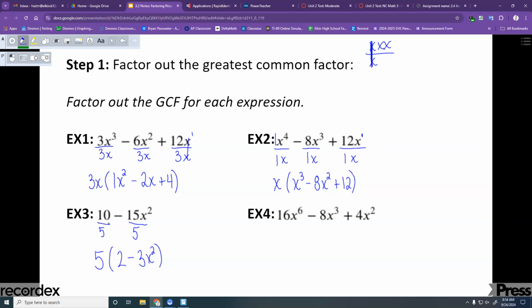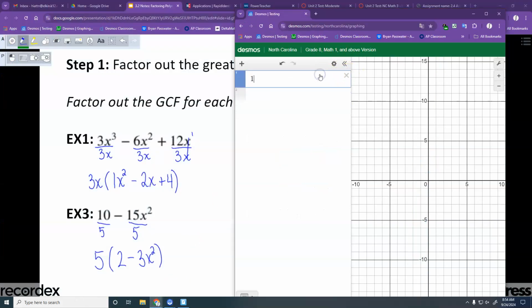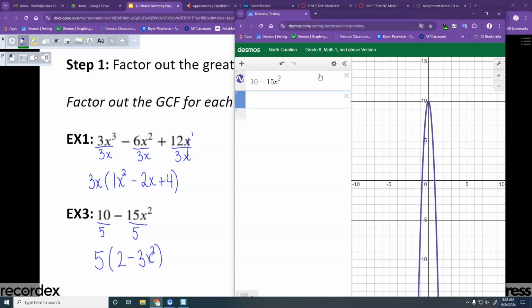Again, I can check this. If I'm not sure if I'm doing it right, go over to Desmos, type in what you started with, 10 minus 15x squared, and then type in what you ended up with. Go to the second line first, and then do 5 times 2 minus 3x squared, and you can see there it's the same graph, so you know that you've done it correctly.